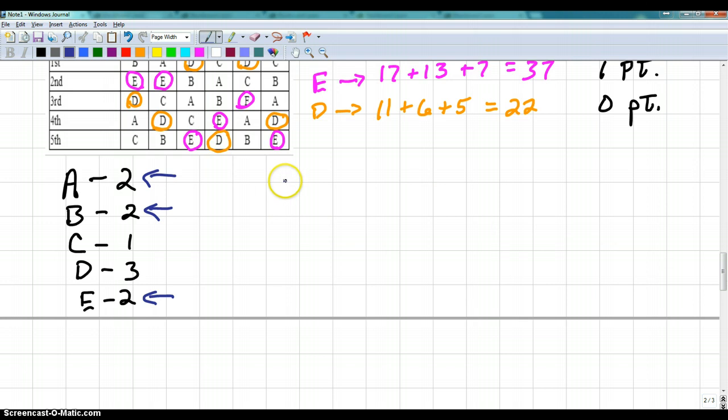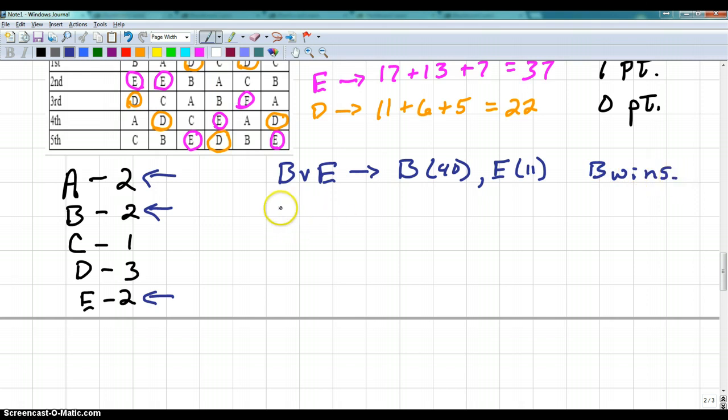We'll note that in the comparison of B versus E, B had 40 votes and E had 11 votes, so therefore B wins.